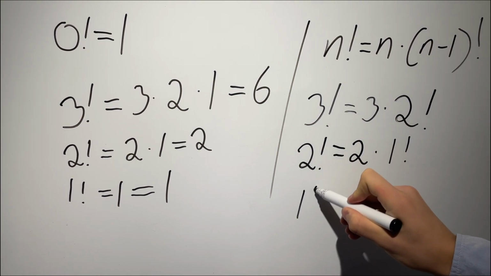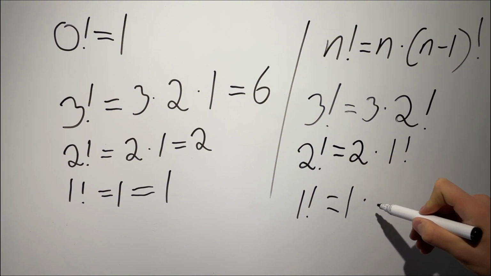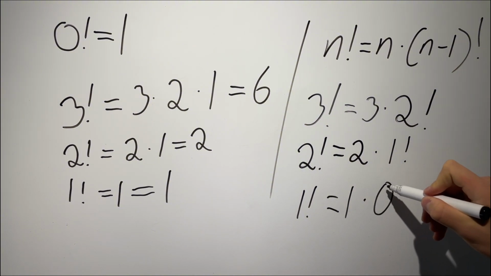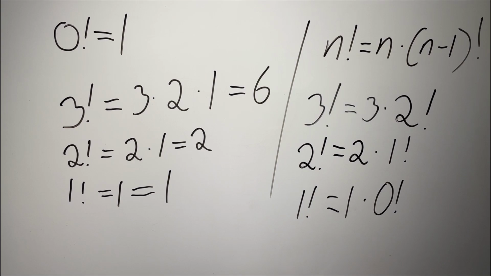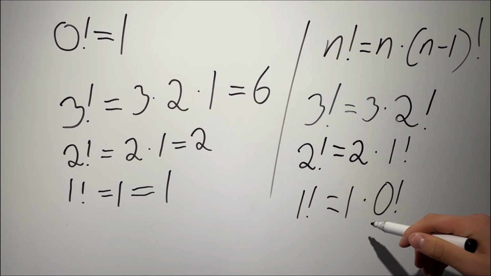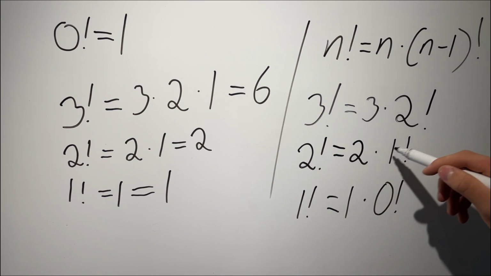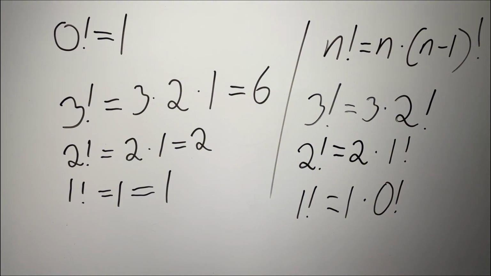And 1 factorial equals 1 times 0 factorial. If we go all the way down to 1 factorial, we get 1 times 0 factorial. But wait, what is 0 factorial supposed to be?